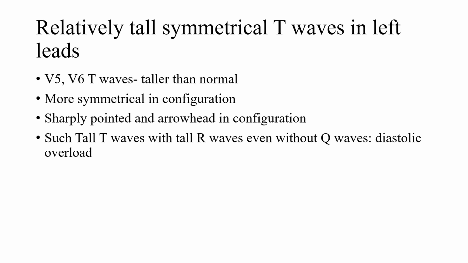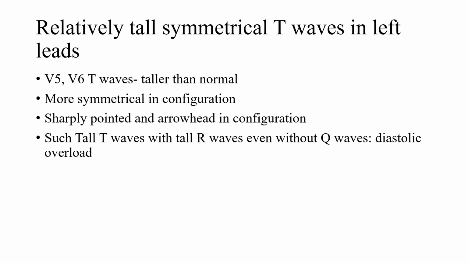And here the T waves which we see are symmetrical, very sharp and tall, and the V5 and V6 T waves are taller than normal. They will be more symmetrical, sharply pointed, arrowhead in configuration. Such tall T waves with tall R waves can be seen without Q waves.